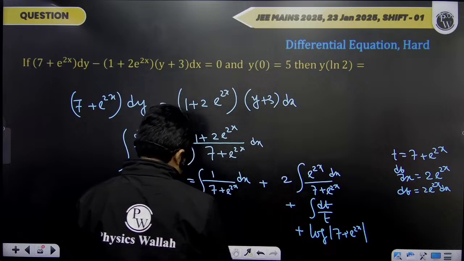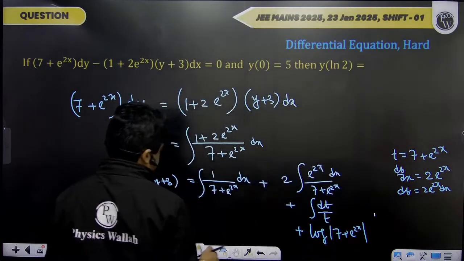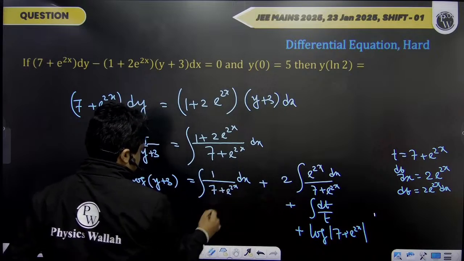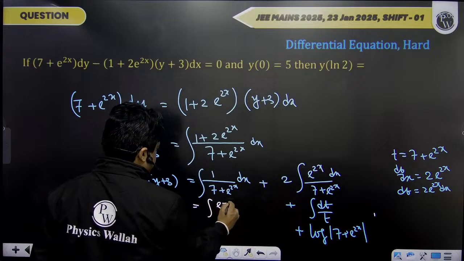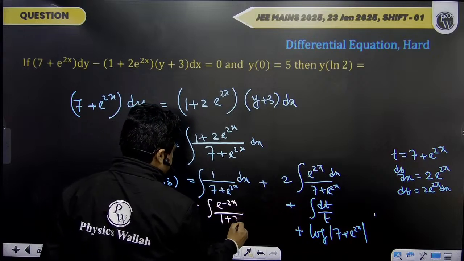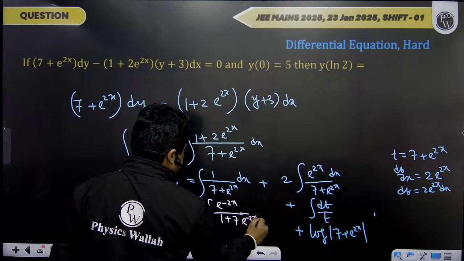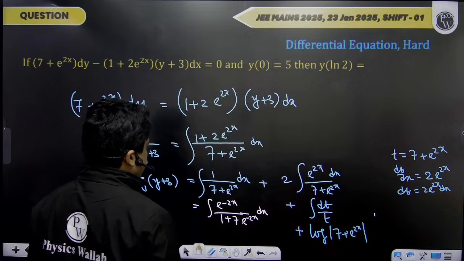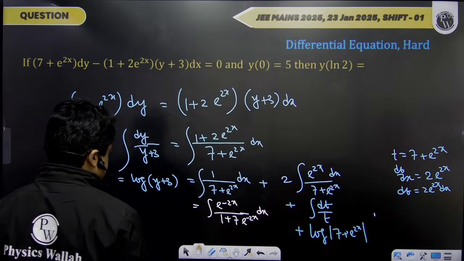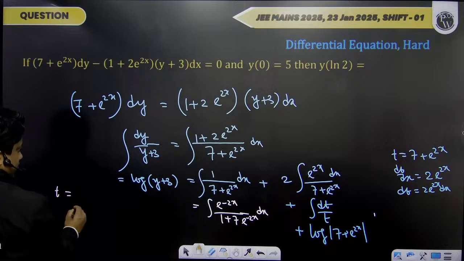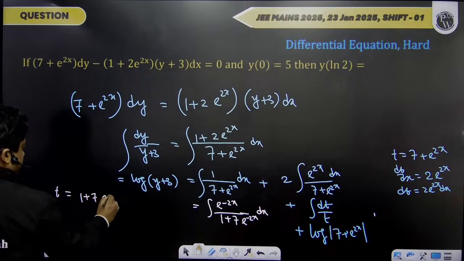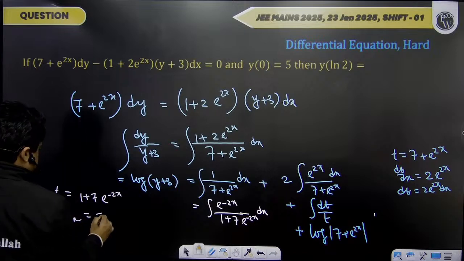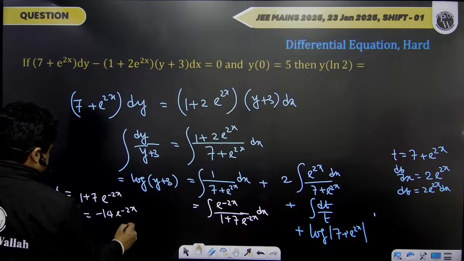And this one we can do by multiplying e^(-2x) in both numerator and denominator. So this will be equal to e^(-2x)/(1 + 7e^(-2x)) dx, right? So here we will take 1 + 7e^(-2x) as t. So dt/dx will be equal to minus 14e^(-2x).